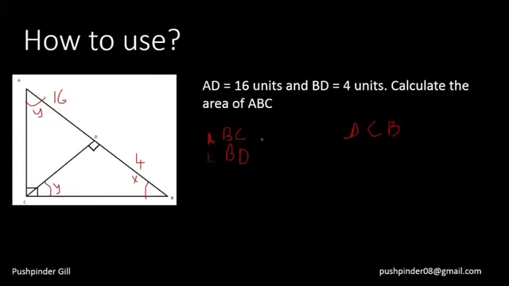That means these two triangles are similar. How? Because all three angles are the same. Now this is the process that should run in your mind mentally, okay? I don't want you to be writing all this down.